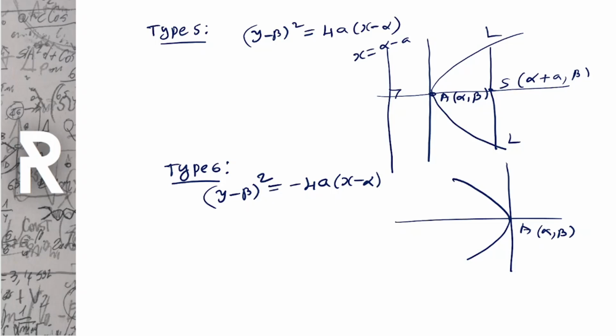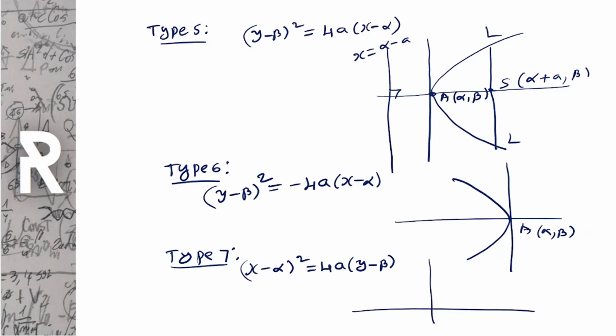For all x coordinates add alpha, y coordinates add beta. Type 7 is an extension of the third: (x minus alpha) whole square equal to 4a into (y minus beta). We get it like this.